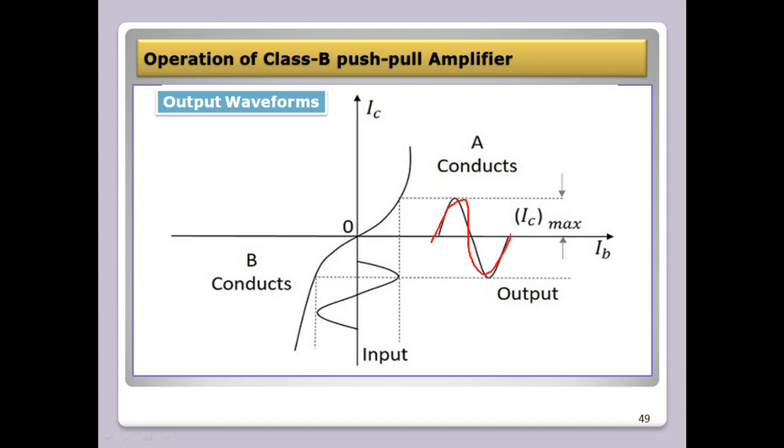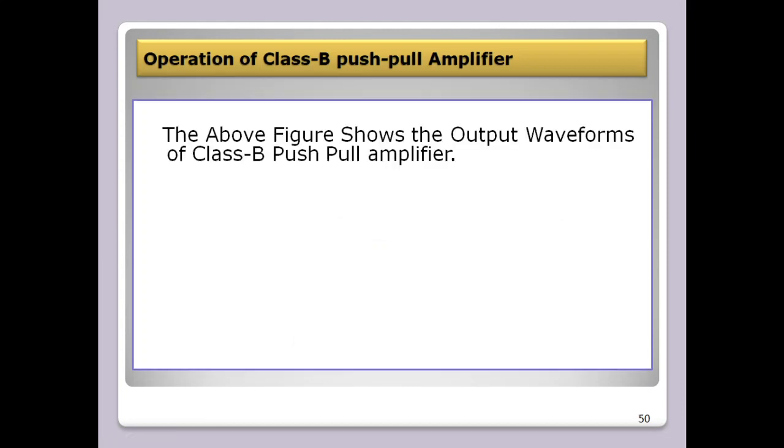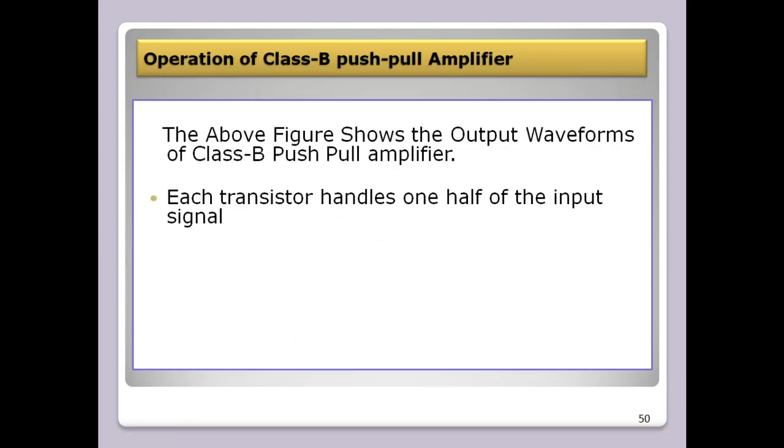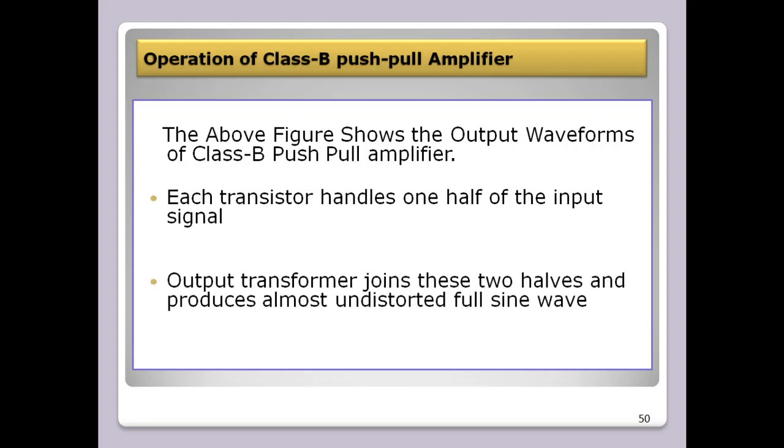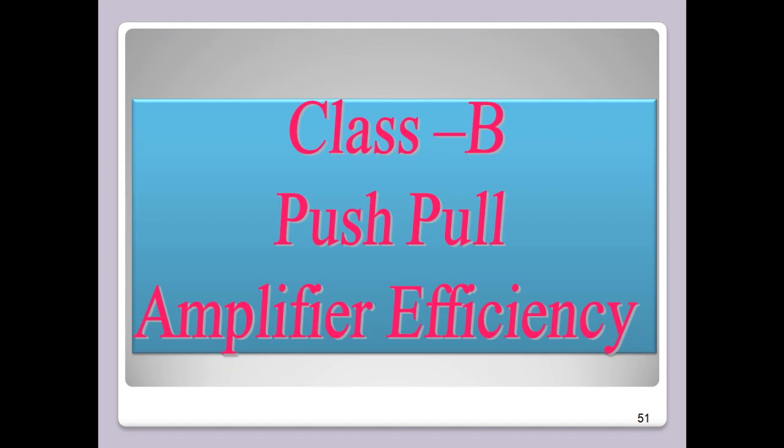So total 360 degrees operation we can achieve by using two identical transistors in a push-pull arrangement. Each transistor handles one half of the input signal. The output transformer now joins these two halves and produces an almost undistorted full sine wave at the output, which is given to the load by using the transformer coupling.